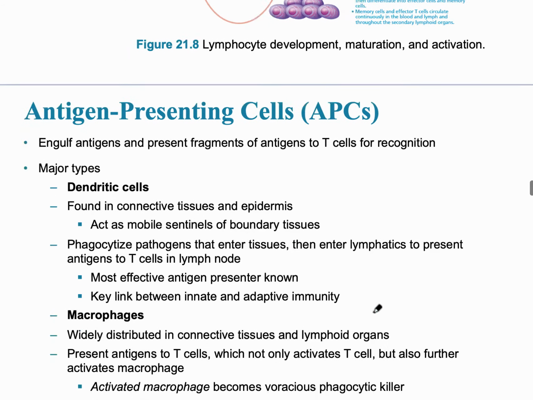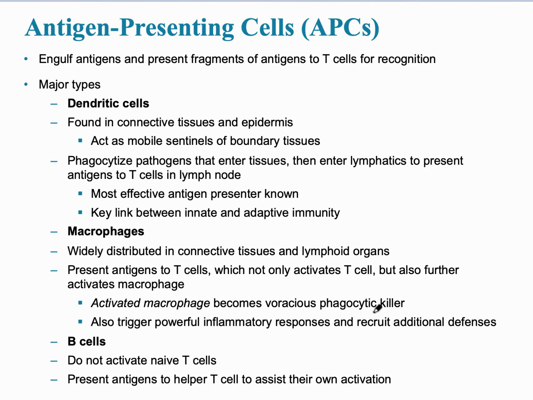Our next slide is antigen-presenting cells. In the case of antigen-presenting cells, there's 3 main types. What antigen-presenting cells are going to do is eat, think of the Cookie Monster, they're going to eat antigens, absorb them via phagocytosis, and present those fragments of the antigens to T cells for recognition.